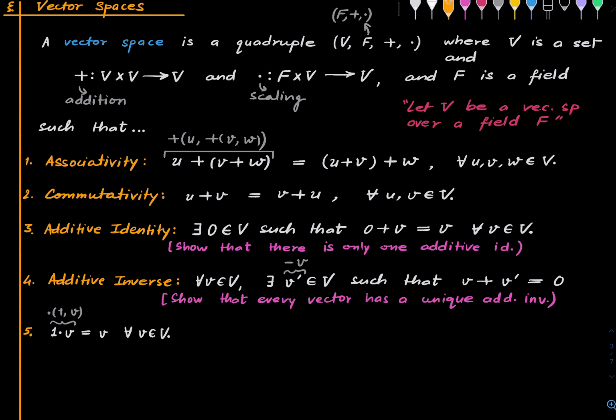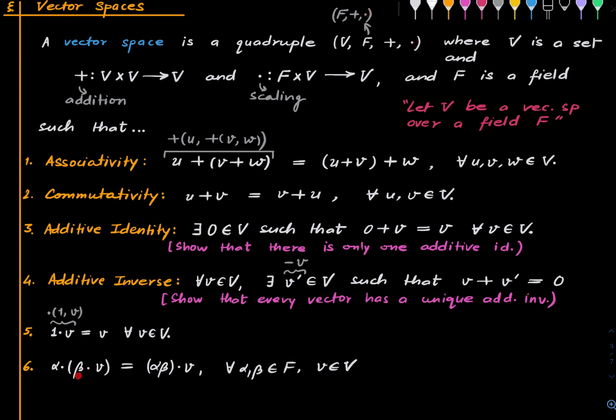Okay, sixth, some sort of associativity. It says that alpha dot (beta dot v) is equal to (alpha beta) dot v, for all alpha, beta in the field and for all vectors in the set V. Again, this dot is the vector space dot, not the field dot.